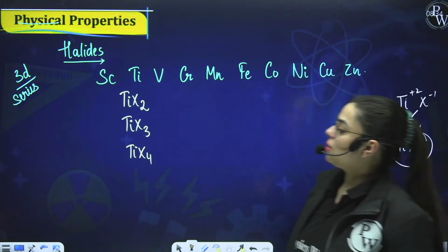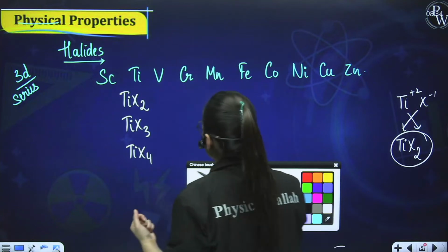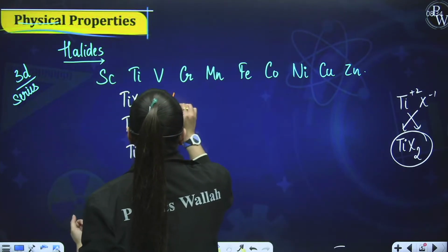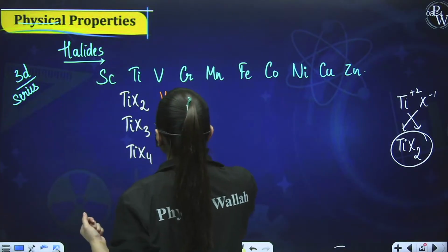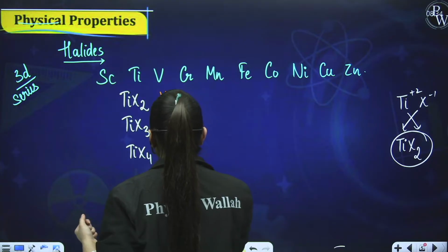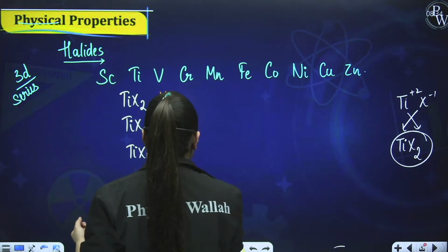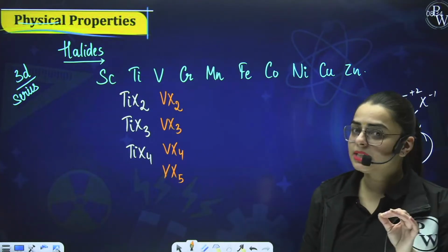Great. Now when I talk about vanadium, again we can see different compounds can be formed over here. Let us write. It's vanadium, represented by V. So it can form VX2, VX3, VX4, and VX5. Is it clear to you people? Now let me tell you one thing.